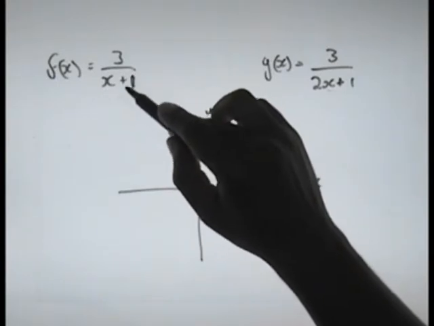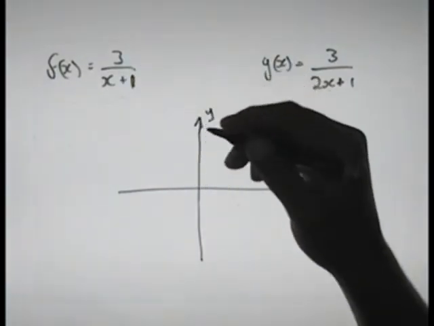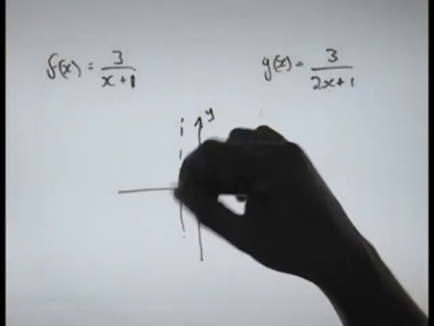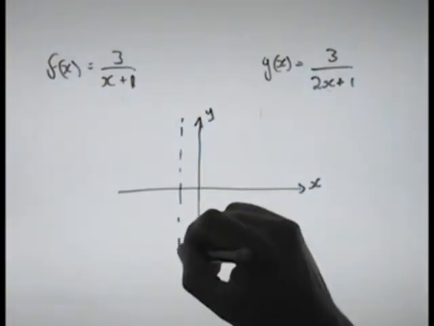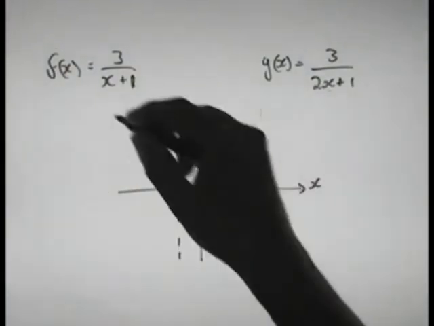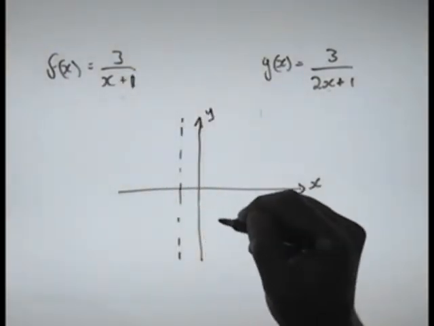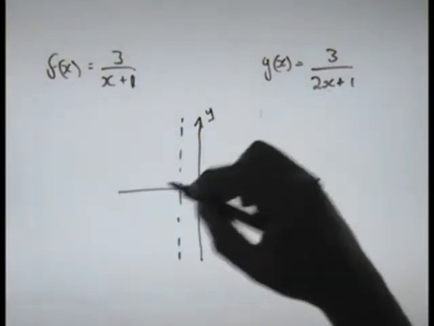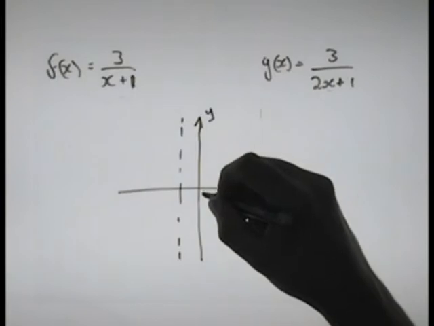But we've transformed it. We've said x plus 1, which means that we've moved our asymptote and we've moved our entire graph minus 1. x cannot ever equal negative 1. y cannot ever equal 0. So that's still our asymptote, that's fine.